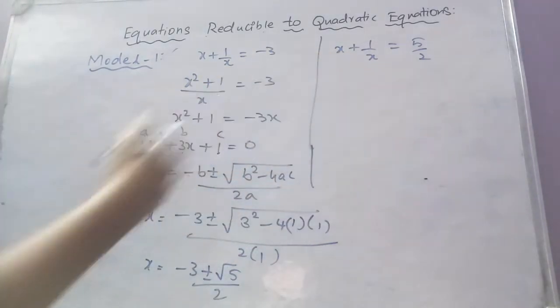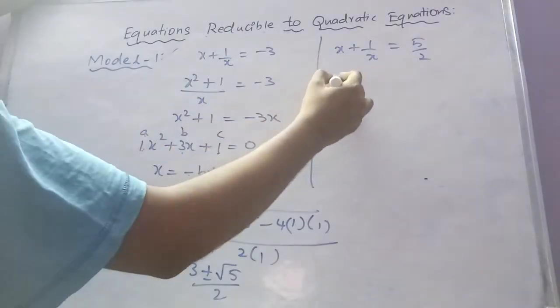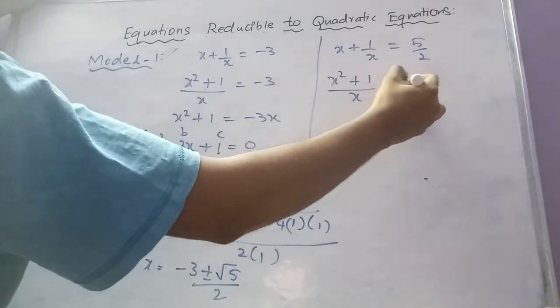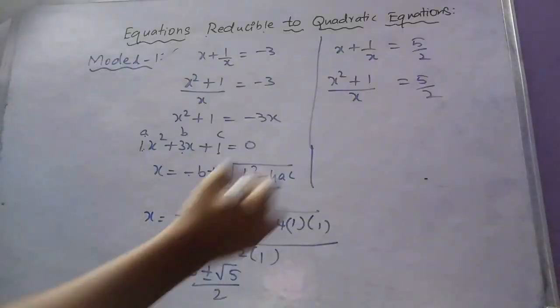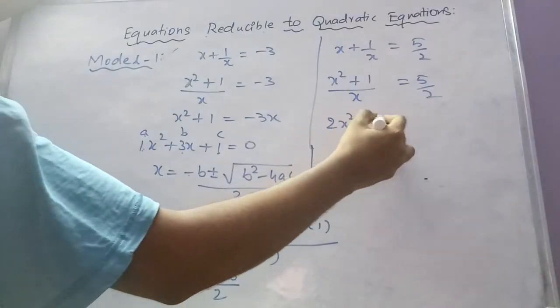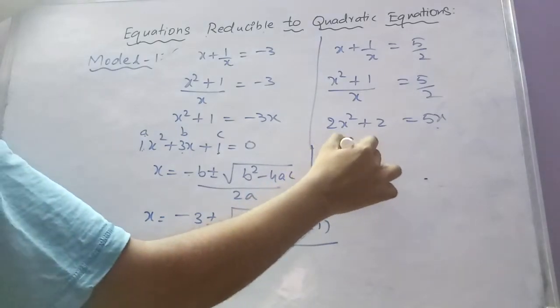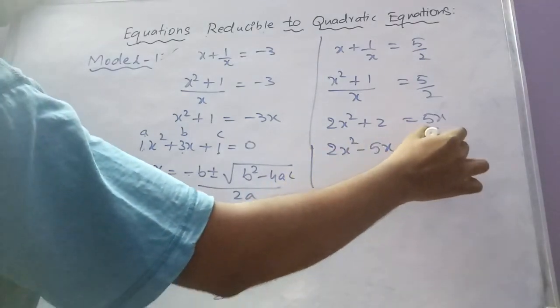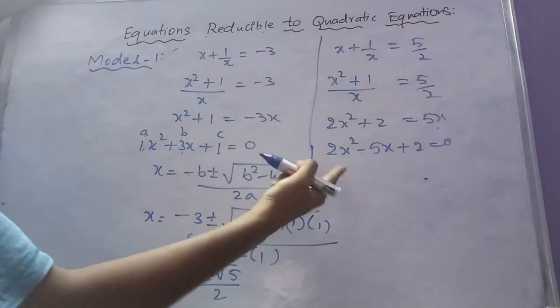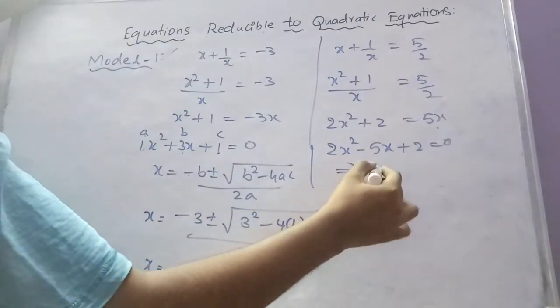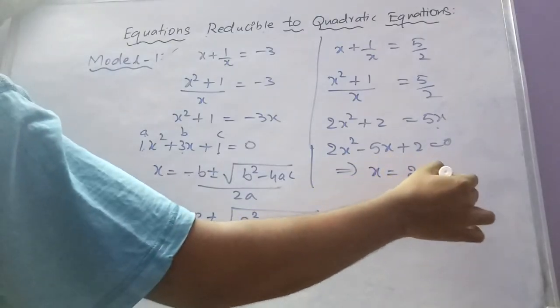And similarly, if you solve this, x square plus 1 whole by x equal to 5 by 2, by cross multiplying you will get 2x square plus 2 equal to 5x, and by taking 5x to the left side, 2x square minus 5x plus 2 equal to 0. If you factorize this quadratic polynomial, you will get x is equal to 2 comma 1 by 2.